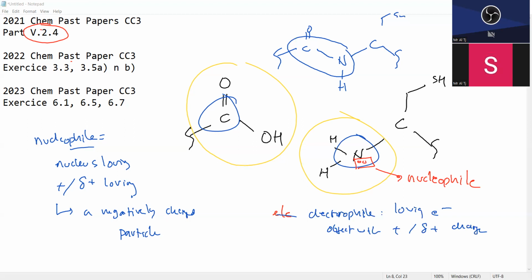Where? Here. The oxygen, because it is the second most electronegative element in the world, will be partially negative in any bond with any element except fluorine. So it's going to be partially positive.